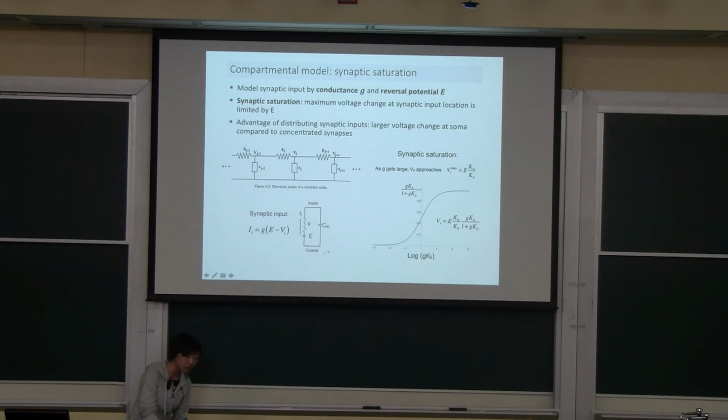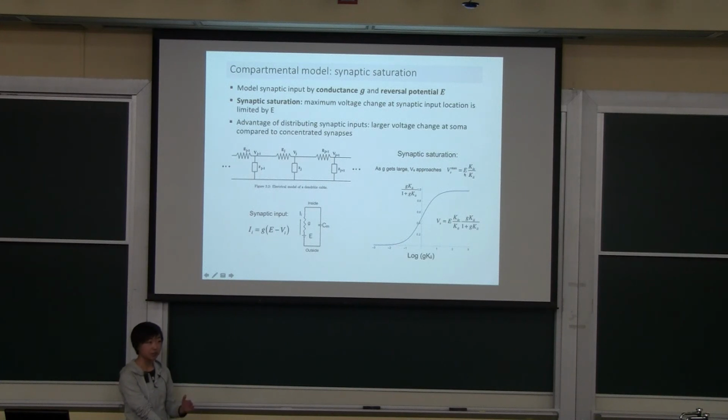So consider this circuit, because the maximum voltage change you can cause at that node is limited by this battery, which is E, right? So this gives you the maximum voltage change you can see at a soma, and you are injecting current at some point I. This maximum voltage change can be expressed as a function of E, which is the synaptic reversal potential.